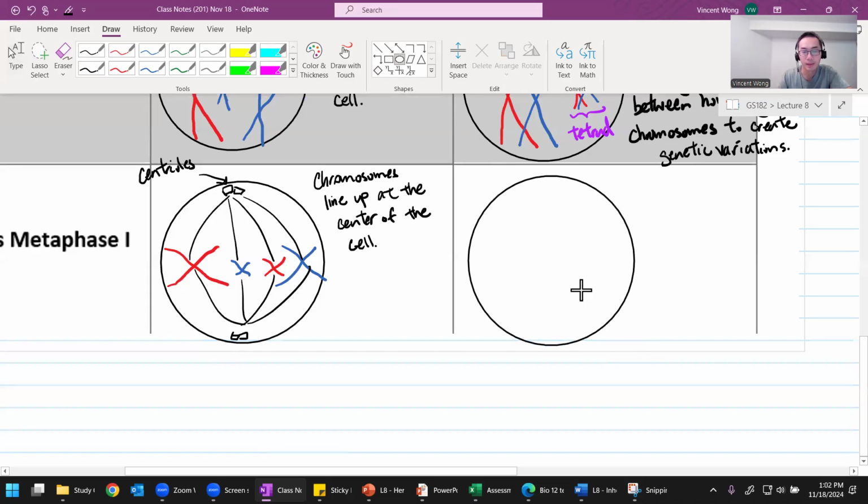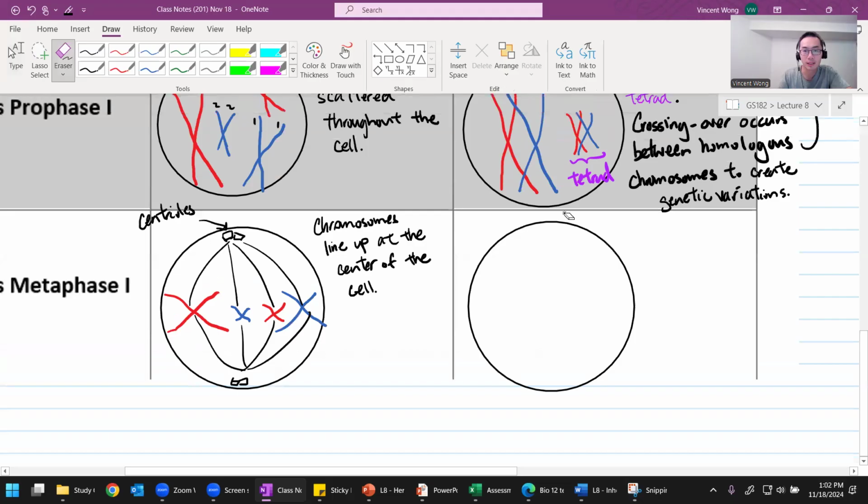And then for metaphase 1, which is the first half of the division in meiosis, you will also have the centrioles. This time, we're going to have the tetrads lining up in the center instead of individual chromosomes.